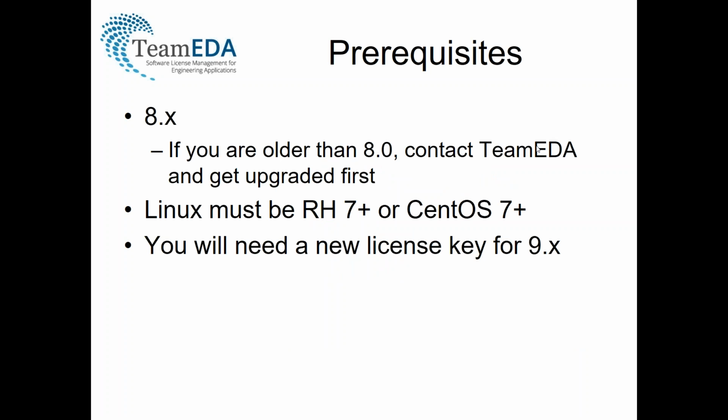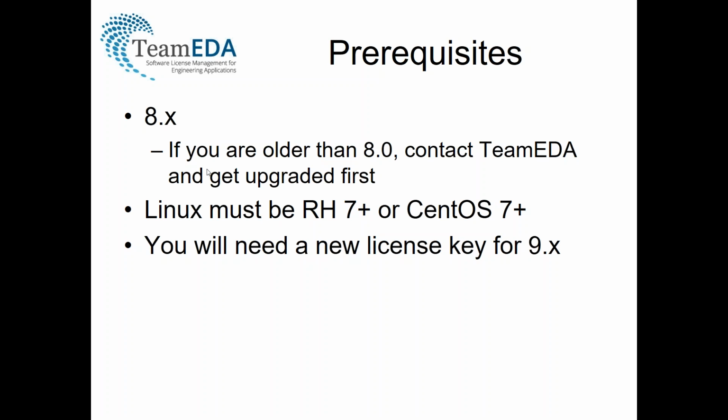A couple things about 9.1 you need to know. There are prerequisites. You have to be at least at 8.1 or 8.x to upgrade to 9.1. Most of you are, so that shouldn't be a problem. But if your version of LAMUM is pre 8.x, you need to call us.